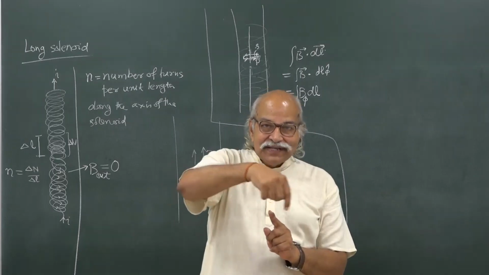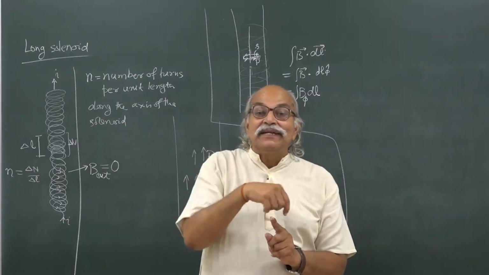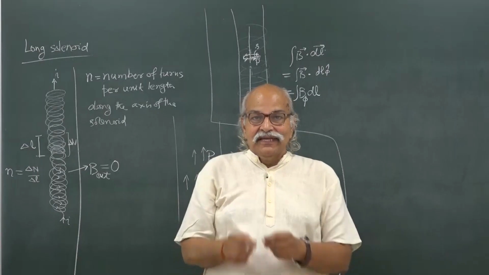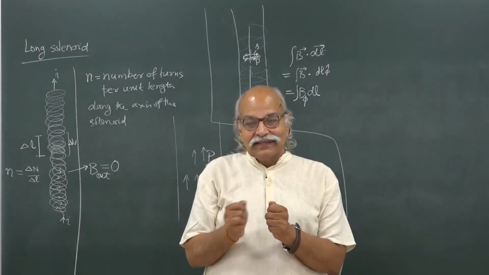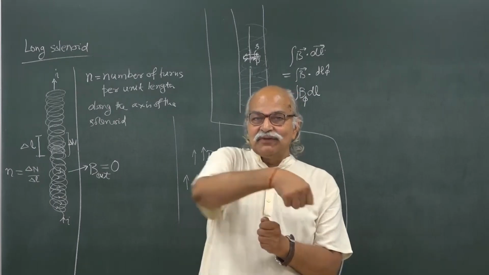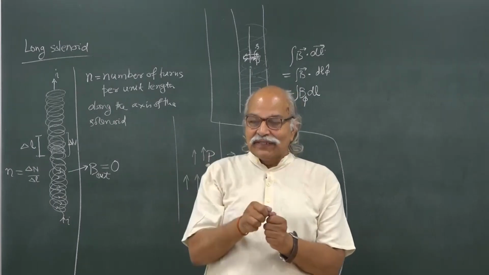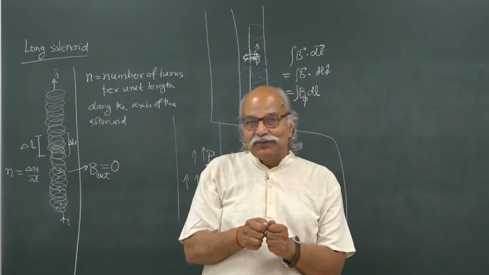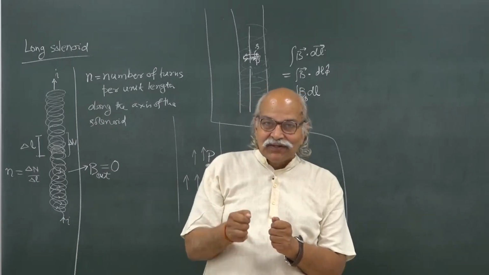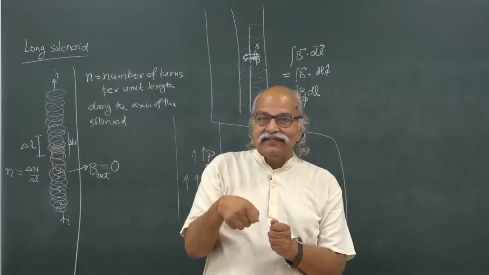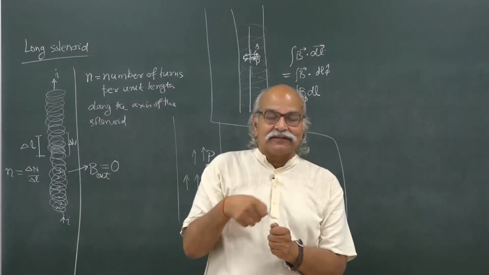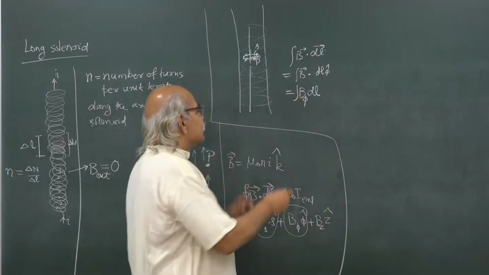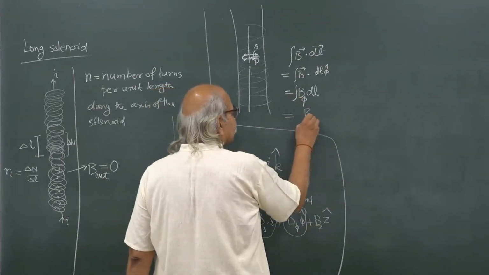All these points are symmetrically placed with respect to the solenoid. Each point is at the same distance s from the center. This side or that side doesn't make a difference because your turns are circular. So all these points are equivalent and B phi will be the same in magnitude everywhere, and therefore you can take it outside the integral.